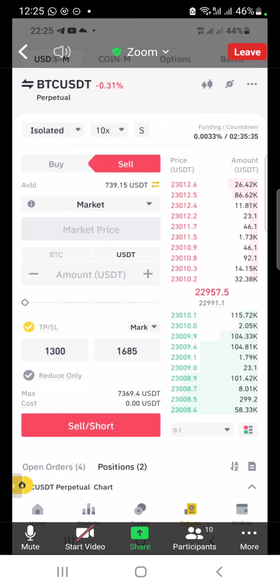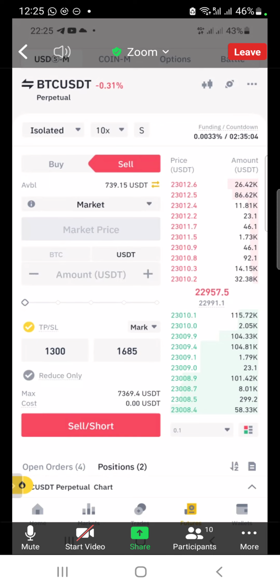And your stop loss, you can enter two types of stop loss. Say for example, I entered this trade at 22.957. You can tell the market, if this thing reverses and it gets to 22.960 or 22.980, stop loss.